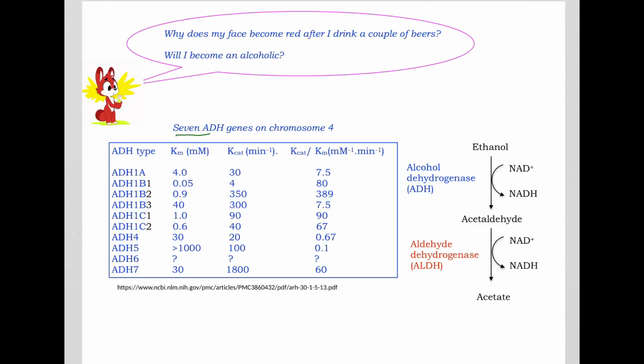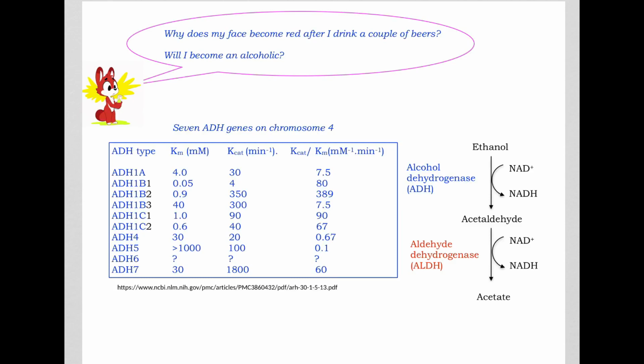There are 7 alcohol dehydrogenase genes that are present on chromosome 4. These are the ones that make ADH1A, then the B type, then the C type, and then the 4, 5, 6 and 7 types.